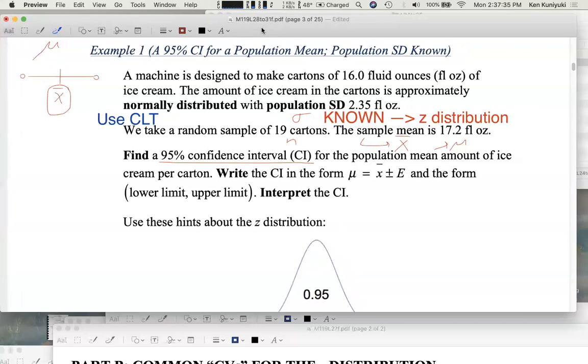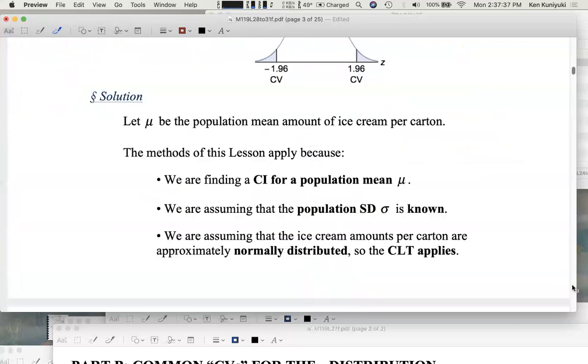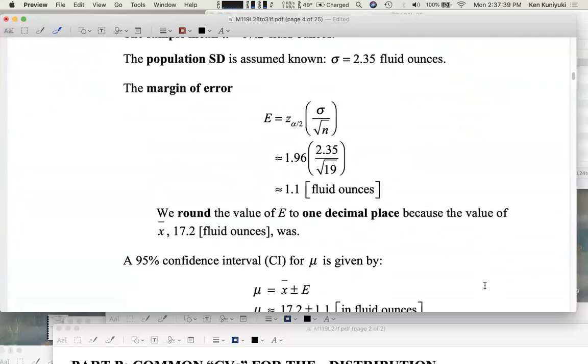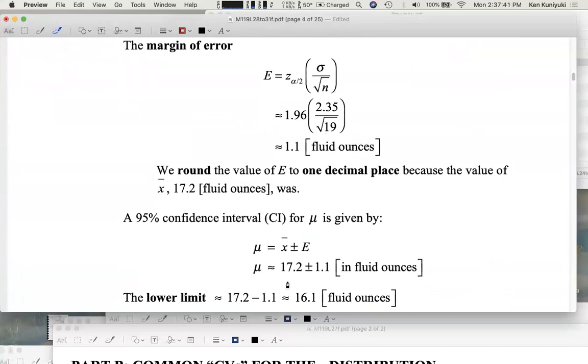So when we wrote out the confidence interval, we got 17.2 fluid ounces, give or take 1.1 fluid ounces. So the population mean mu, we believe, is the sample mean, x bar, give or take this margin of error.